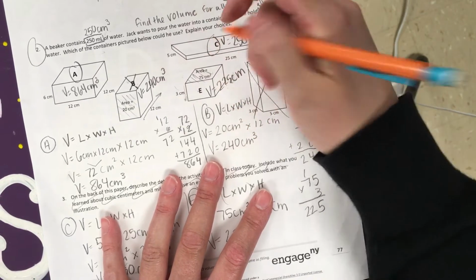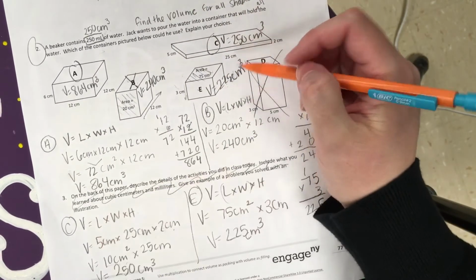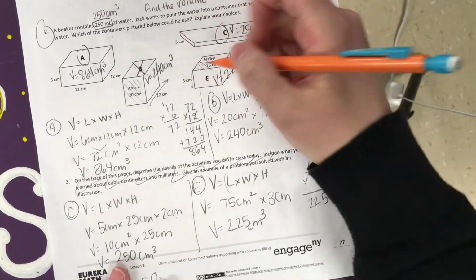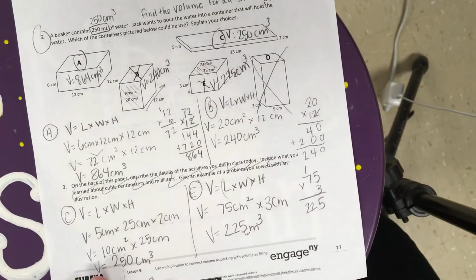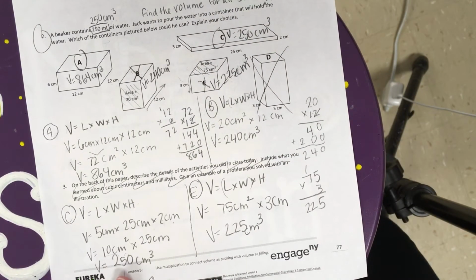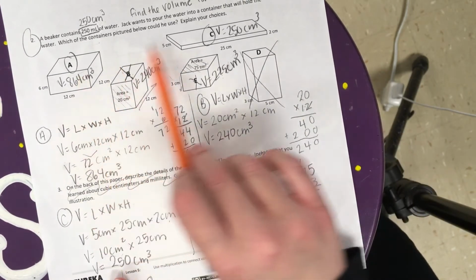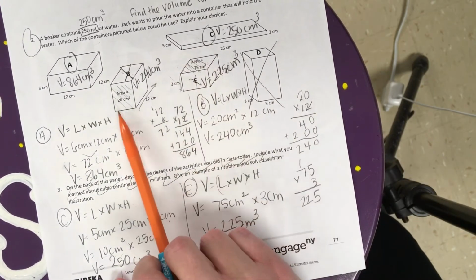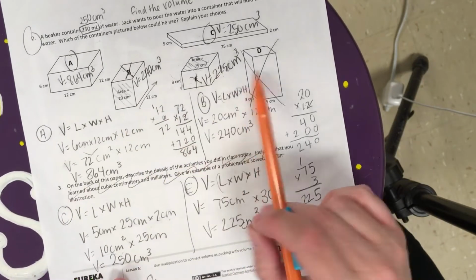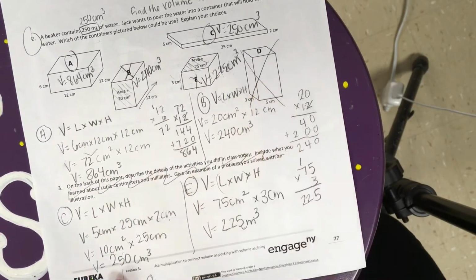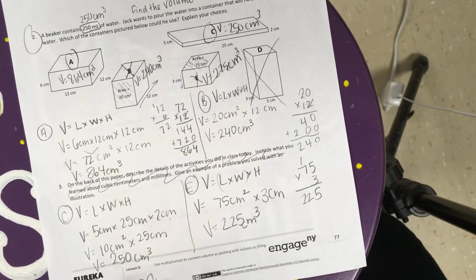So let me try to clean that up a little. So E does not work. So the only containers that work are A and C. Container A works, container C works. B and E don't work. In D, we weren't given enough information to calculate the volume, so that one doesn't work either.